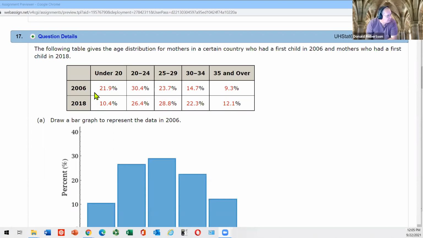You can see that in 2006 in this country, about 21.9% of the women that had children were under 20 when they had their first child. There's still not that many, but slightly under 10% were 35 or over before they had their first child.